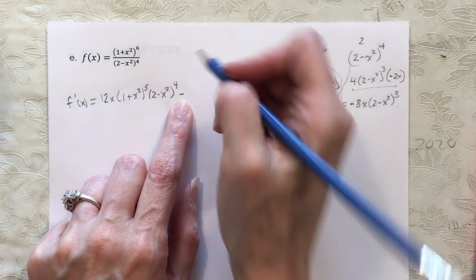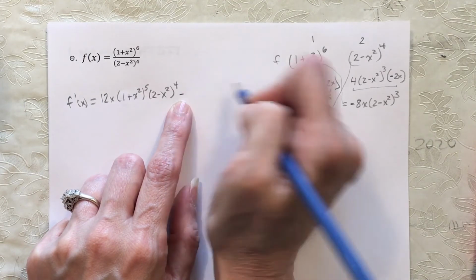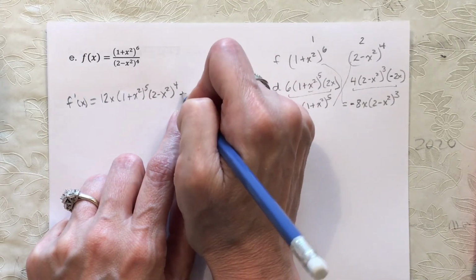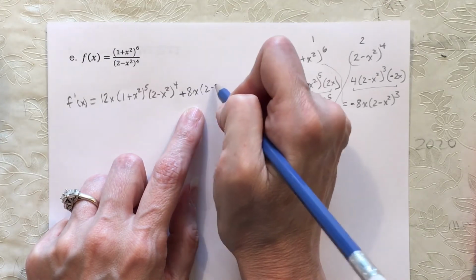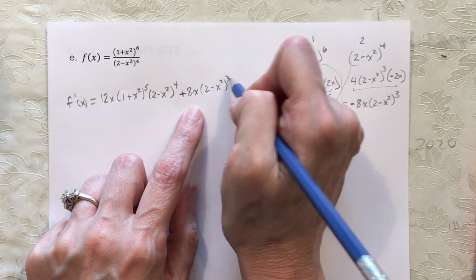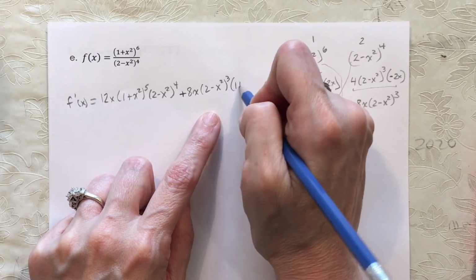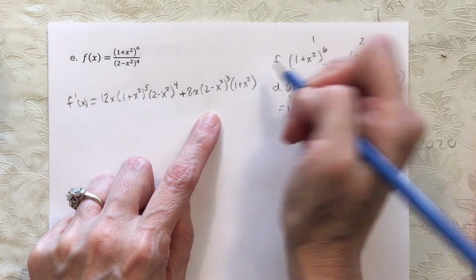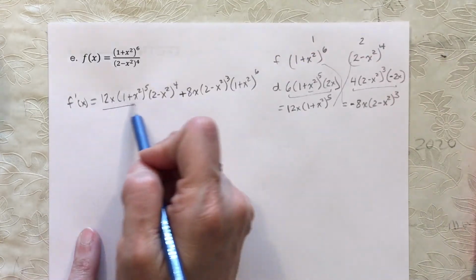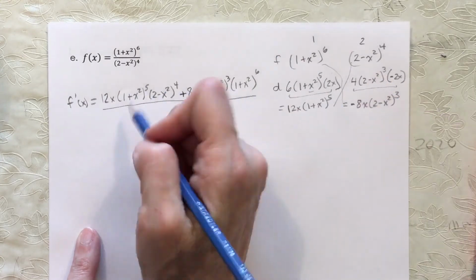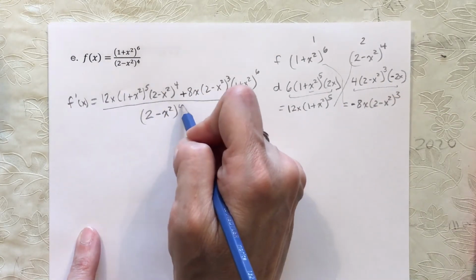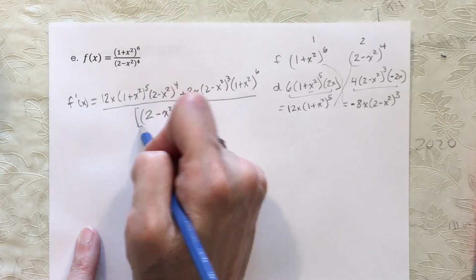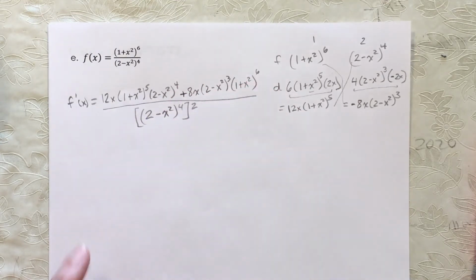So negative times a negative is going to give me a positive. So make this plus 8x times 2 minus x squared cubed times 1 plus x squared to the 6th all over the second squared. So I'm going to use a regular bracket and then a square bracket for squared.